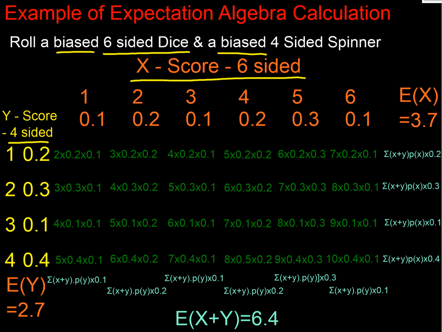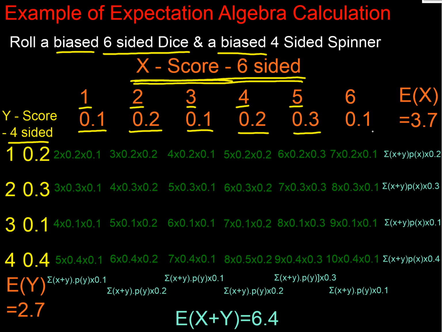So if we look at our x score first, our six-sided dice, we've got these outcomes in terms of values. We've got a 0.1 probability of getting a 1, a 0.2 probability of getting a 2, 0.1 probability of getting a 3, and we could carry on through to the end.